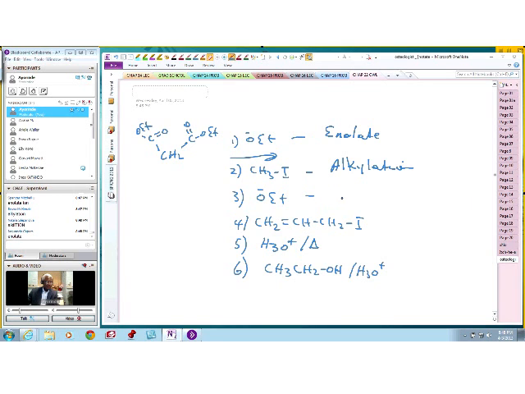Okay, but step 3, enolate anion again. About step 4, alkylation. Very good. About step 5, there are two processes going on here. What is step 5?